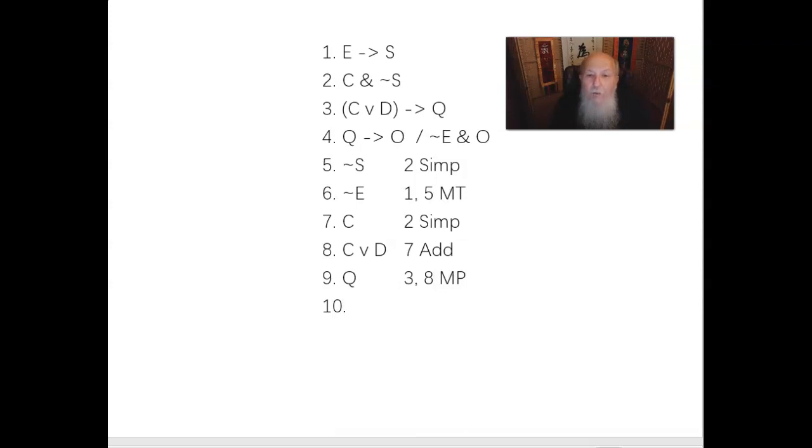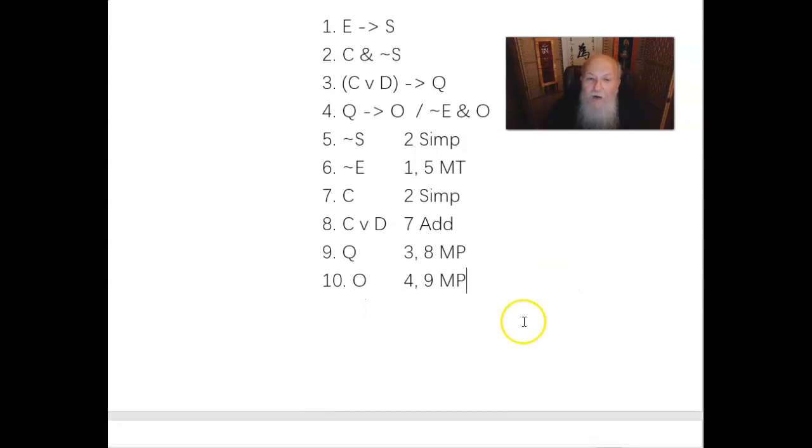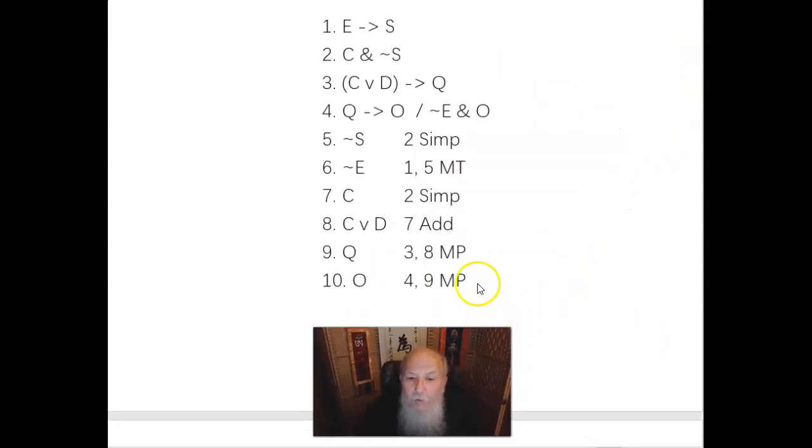And now, with the Q, I can get the O from line 4 and 9, modus ponens. That modus ponens is a very useful boy or girl, depending on how you look at it.